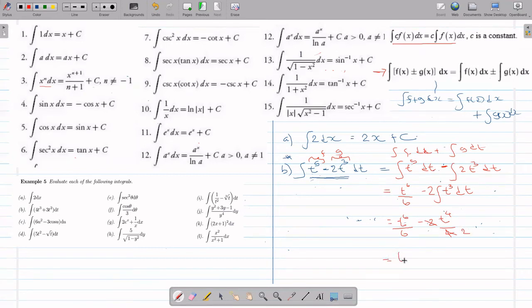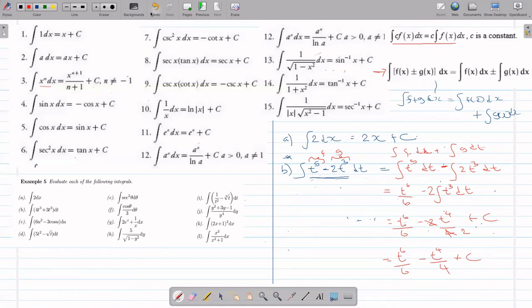So I get t to the 6 over 6 minus t, oh I have to put the plus c, I forgot to put the plus c.